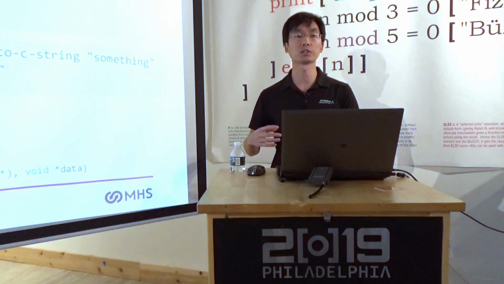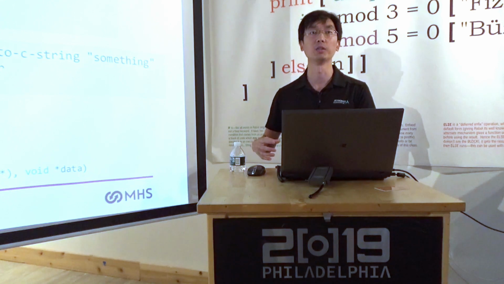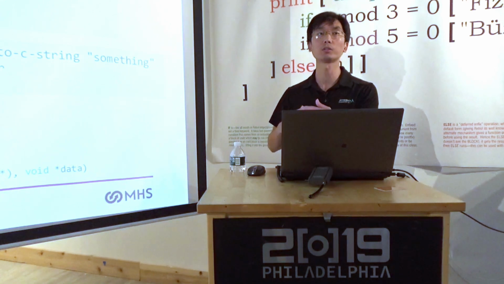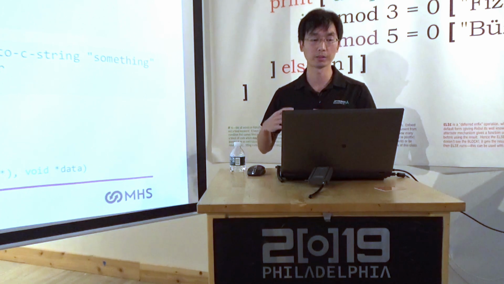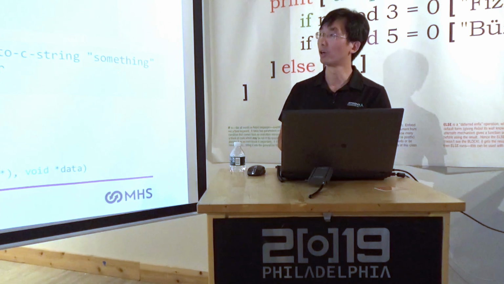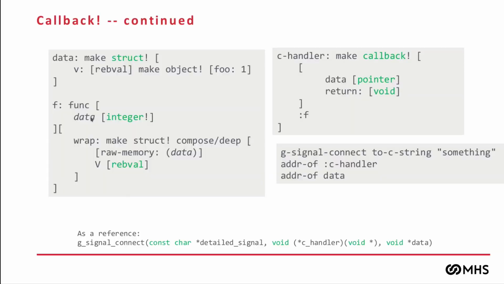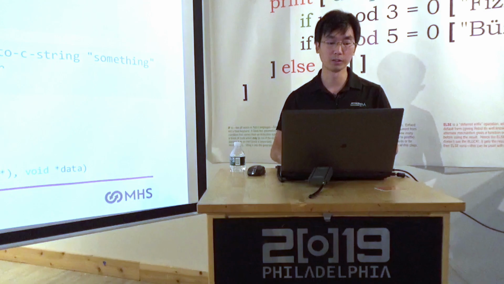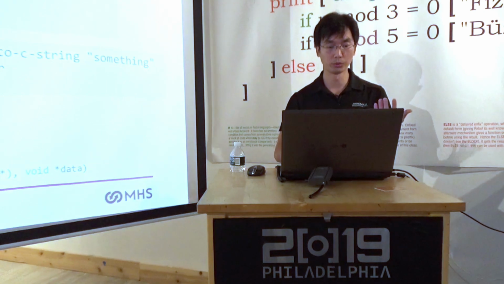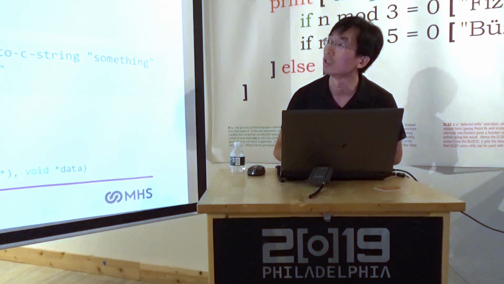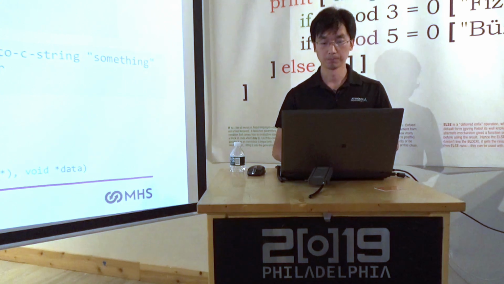In the callback function, you can recover this Rebol value, because the callback function is Rebol code, so it's very easy to work with Rebol values. All you need to do is say this is a Rebol value, and whatever Rebol value you pass to this struct will then be recovered or retrieved in this callback Rebol function.